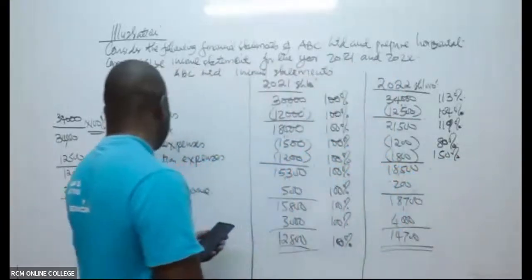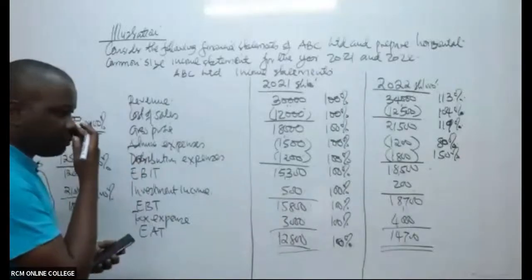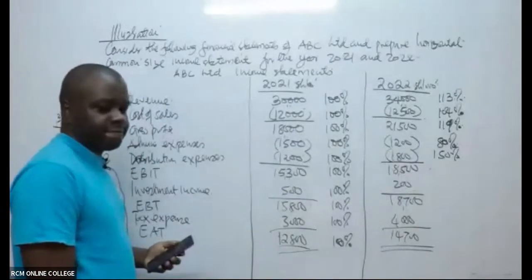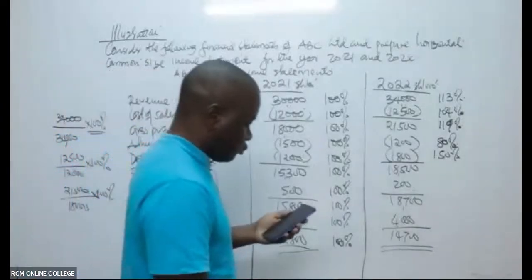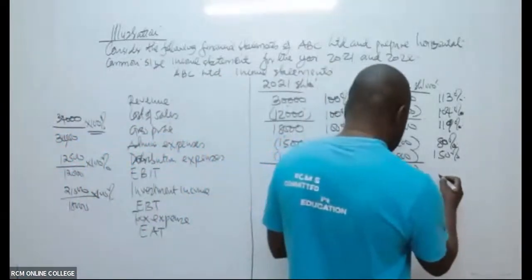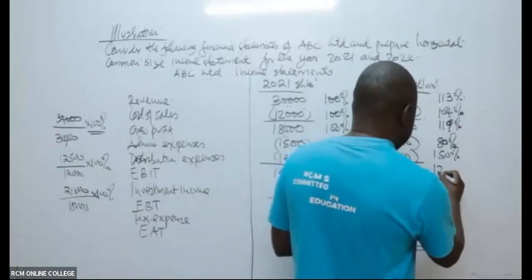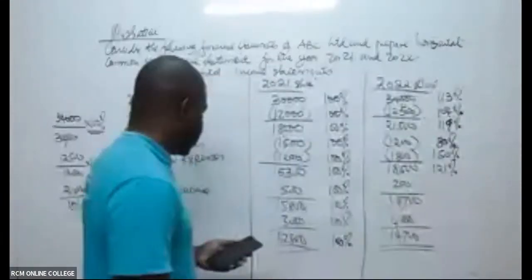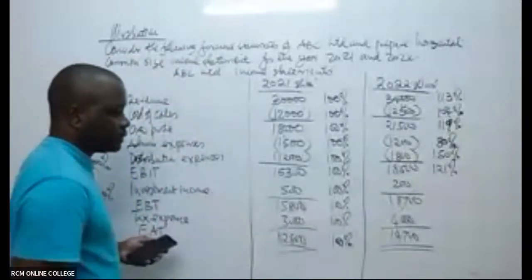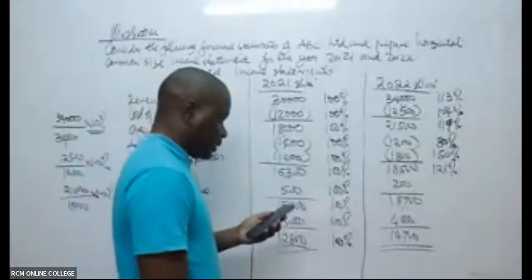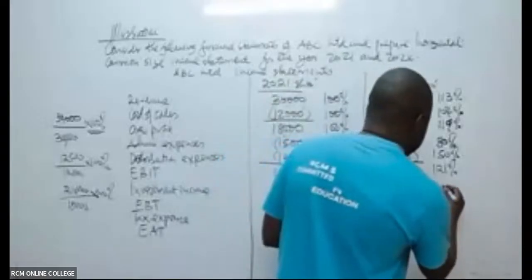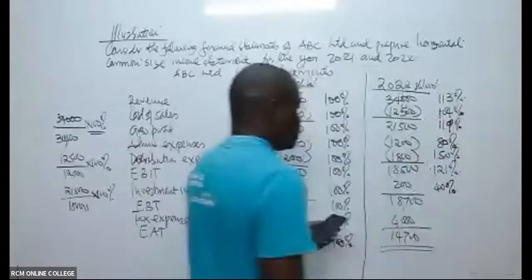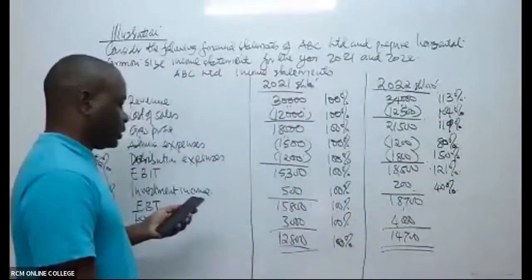And for the EBIT, it is 121%. What about investment income? Investment income, 4%. Then 3%.